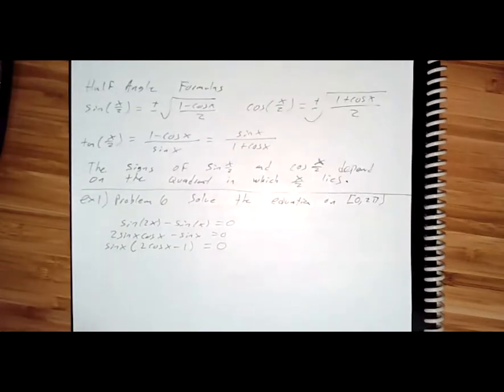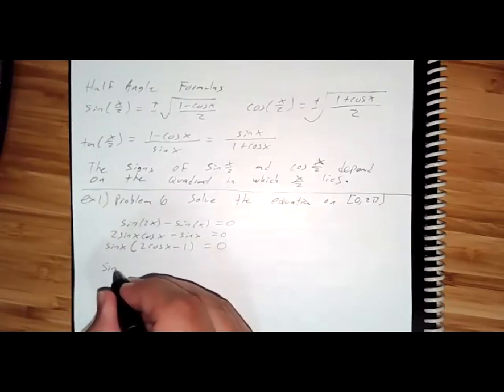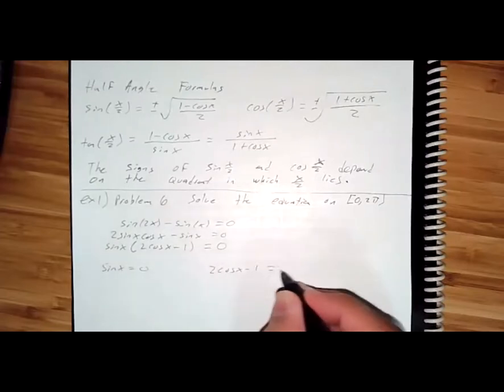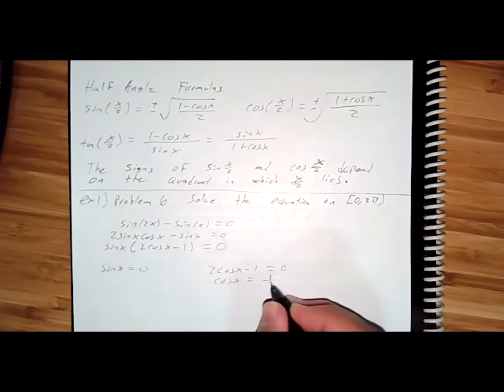We don't have any weird angles like we had before with the x over 2 or whatever. Okay. So we said when you have a product, you will set each one equal to 0. Solve for cosine, then you will get cosine equal to 1/2.